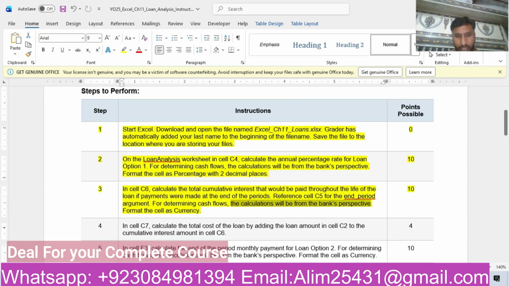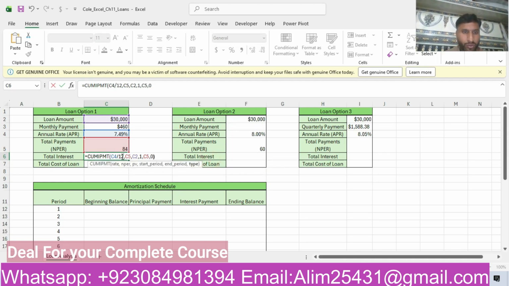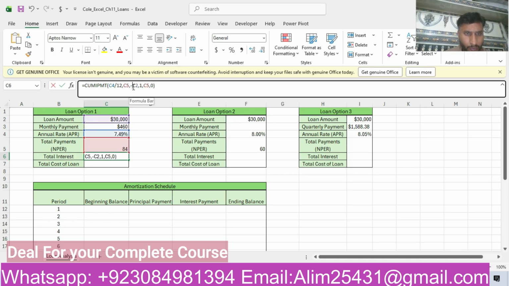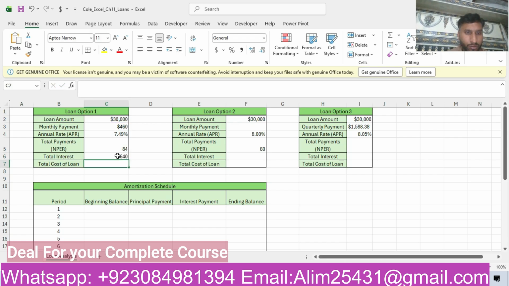We need to find the end of the period, so we will select 0 for the end of the period, and here I will use a negative sign for the loan amount, so it will be from the bank perspective and our value will be positive. So I will press enter. We will multiply this by negative one, so our value will be positive. So our result is 8640.